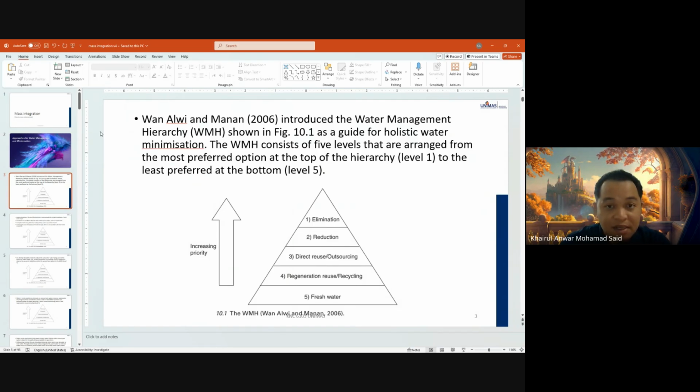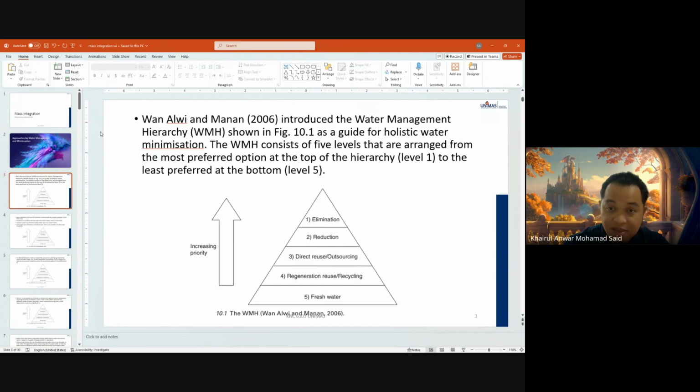Wan Alwi and Manan are two prominent professors from UTM. They are, let's say, pioneers in water cascade analysis. There are several methods to do water integration. You will learn it this afternoon.